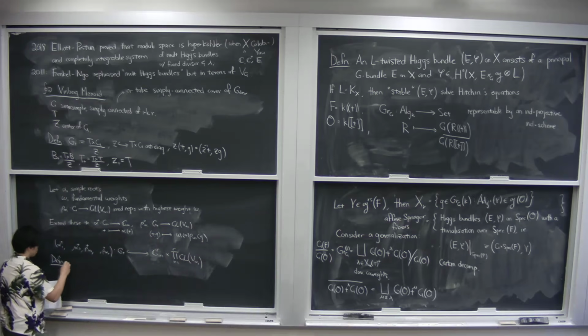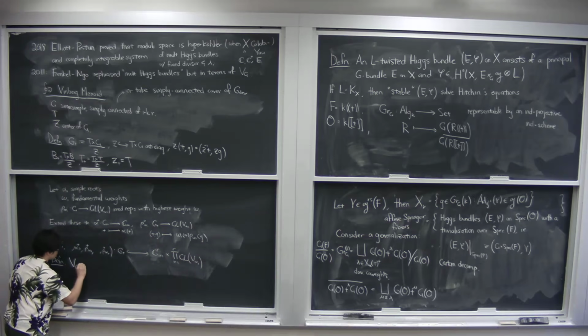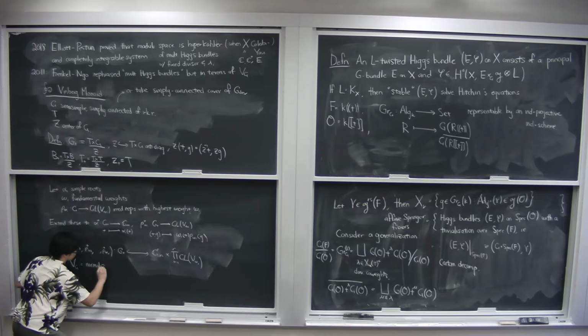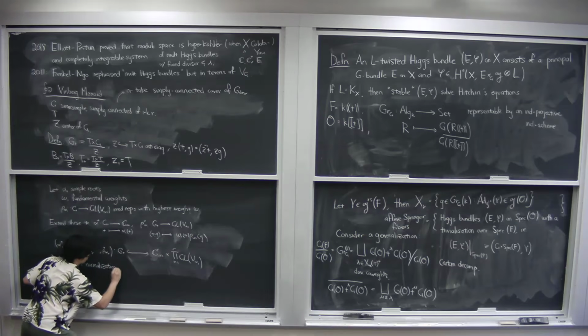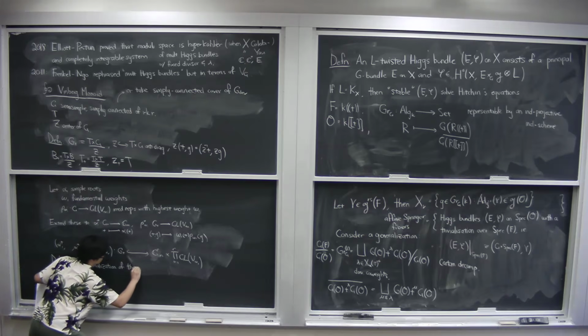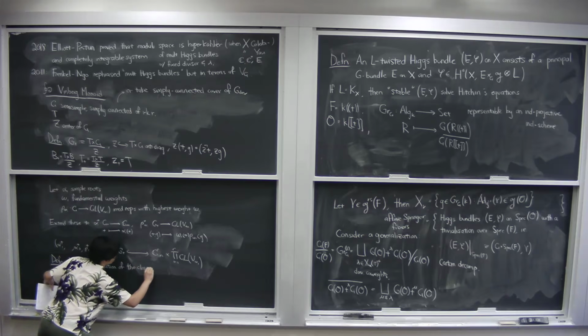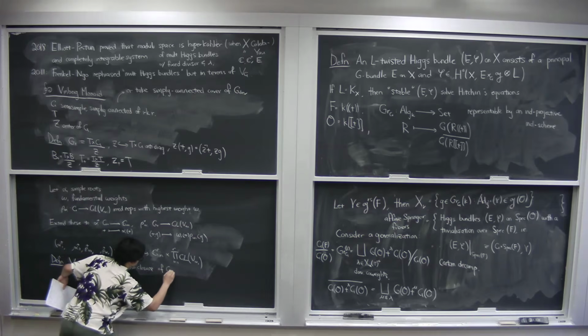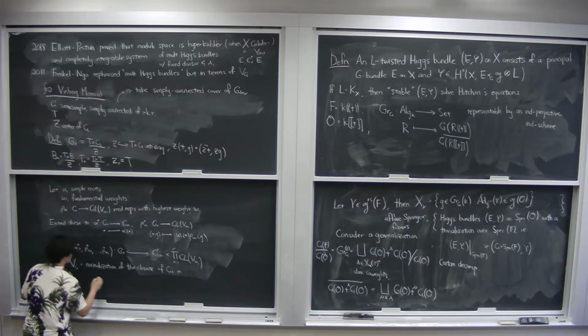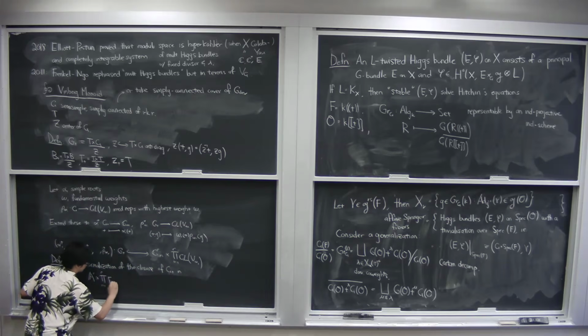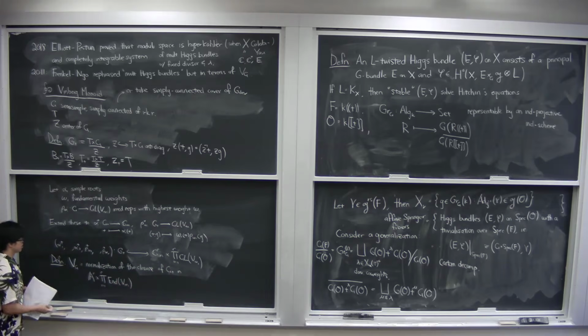So V_G is the normalization of the closure of G plus in this A^r times the GLs. So this is the Vinberg monoid.